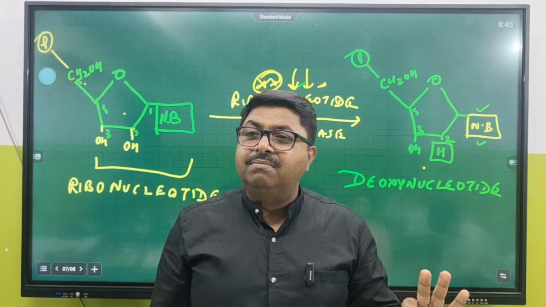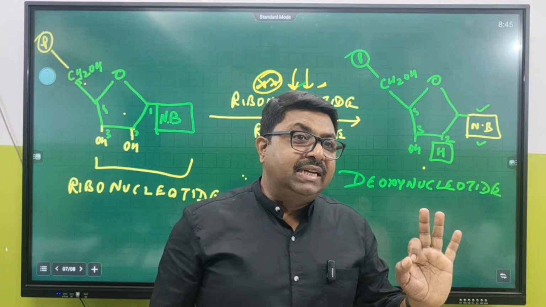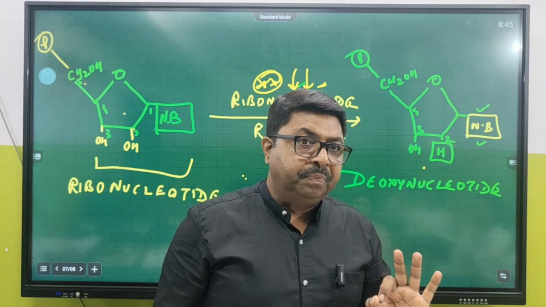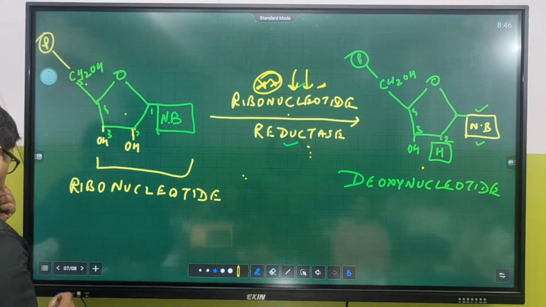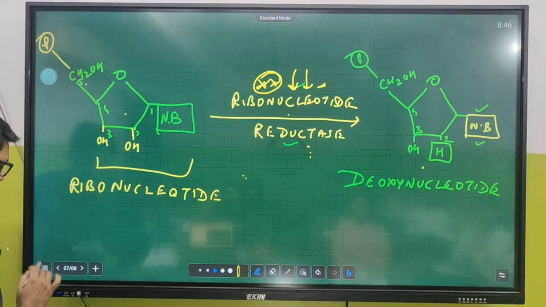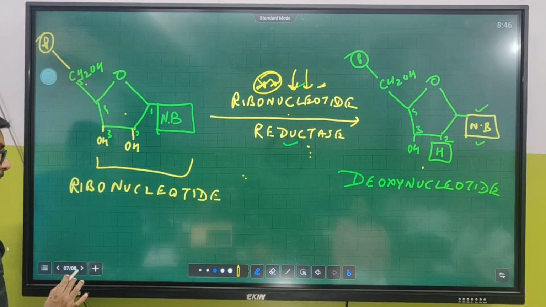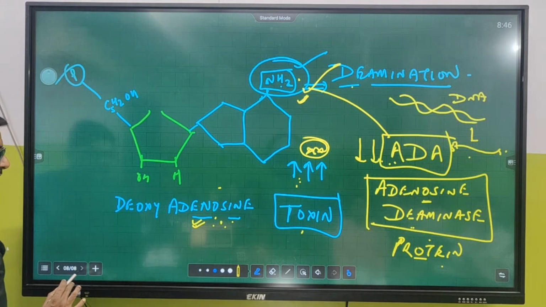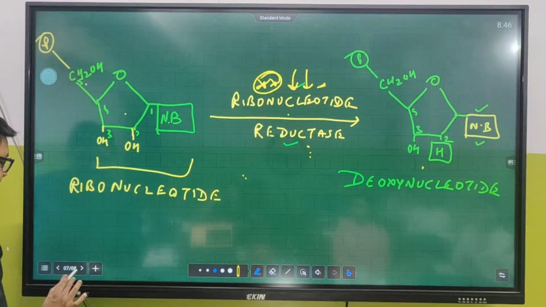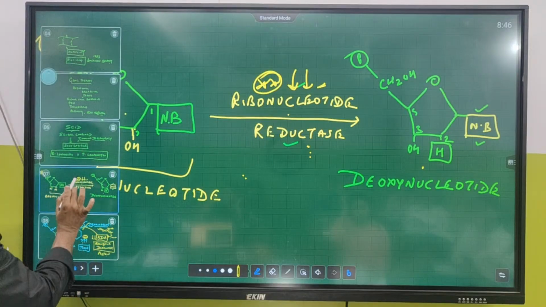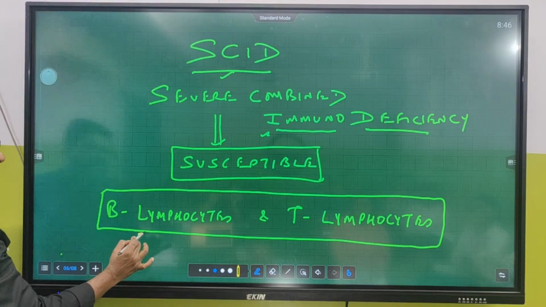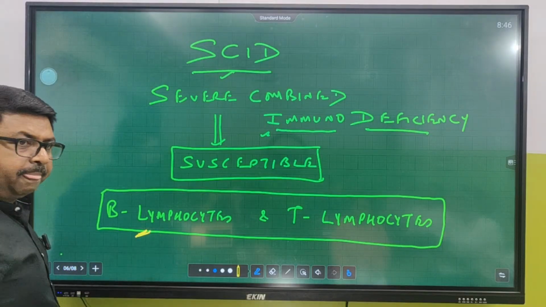But in some patients, ADA gene deficiency is found. And when the ADA gene deficiency occurs, what happens? It has a strong effect on B lymphocytes and T lymphocytes.